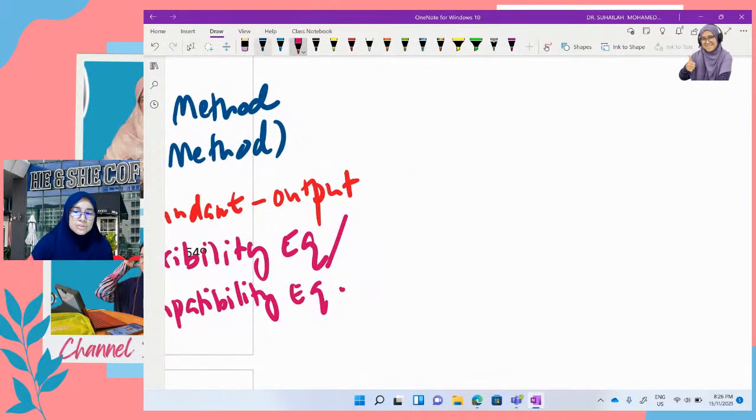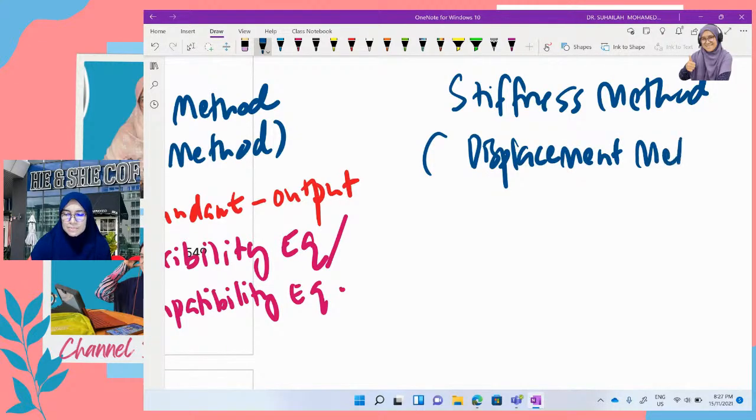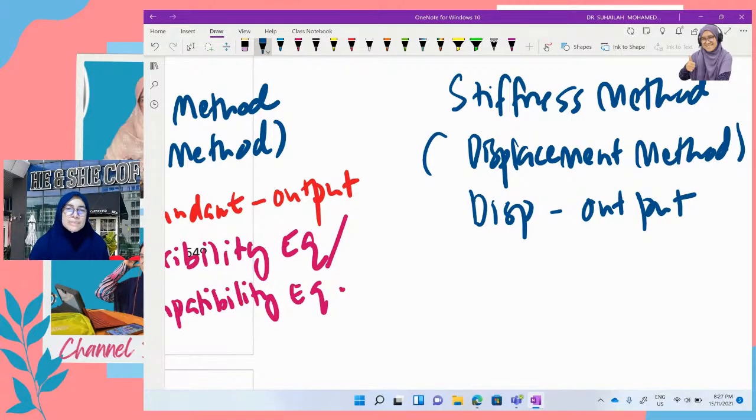While in the stiffness method, we also call it the displacement method. Why do we call it displacement? Because displacement is the output. And how do we determine the output?